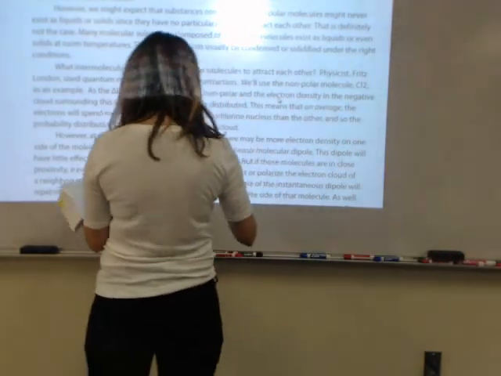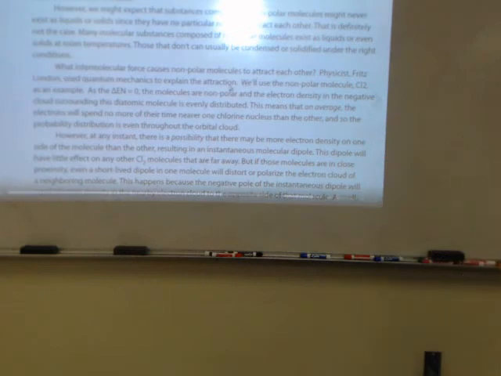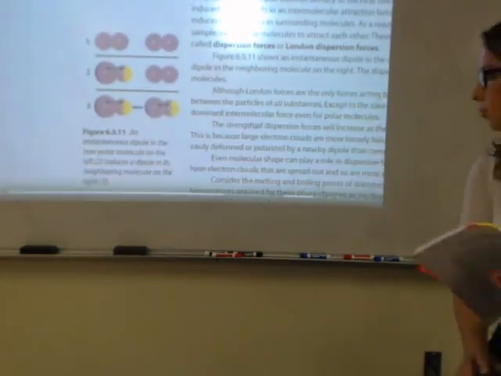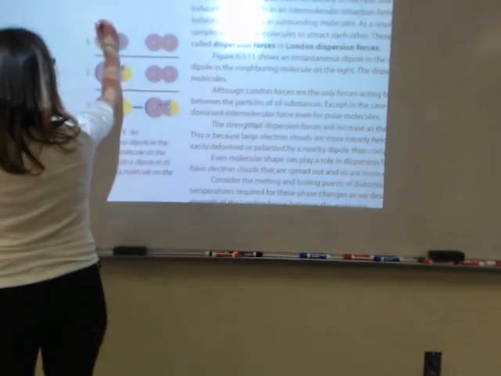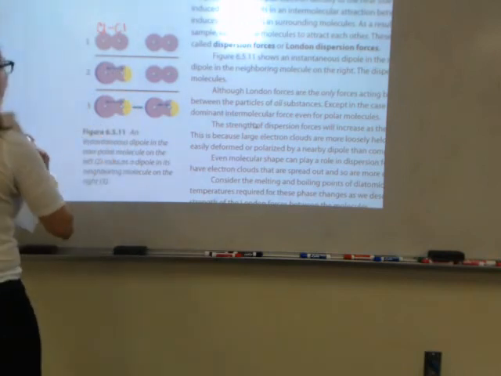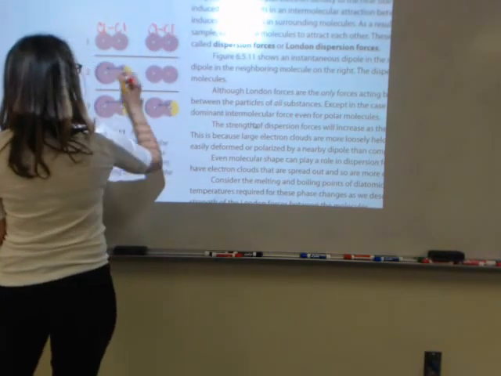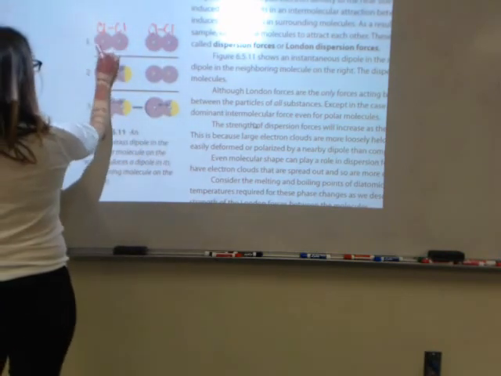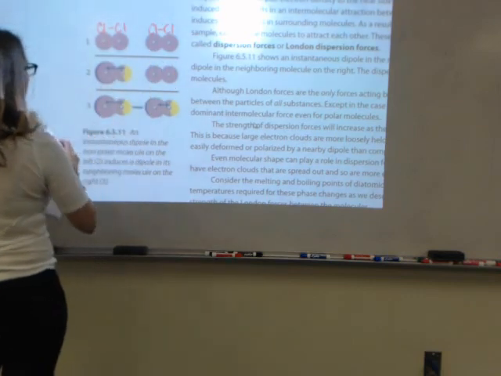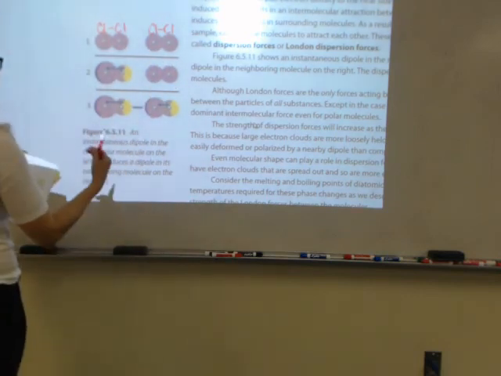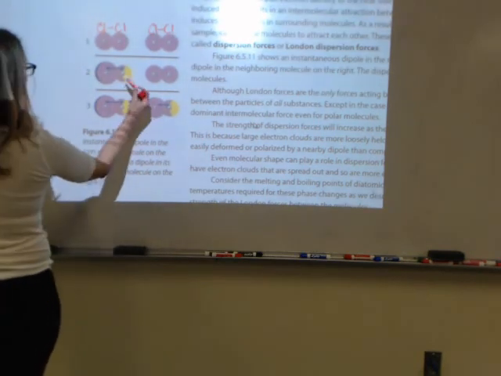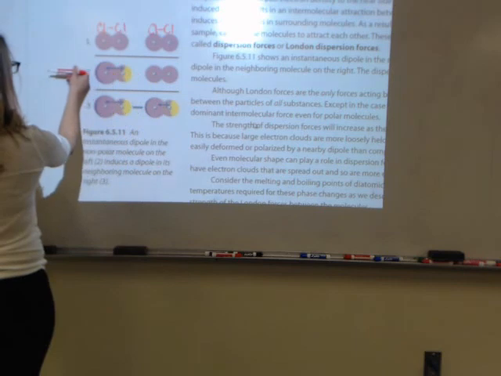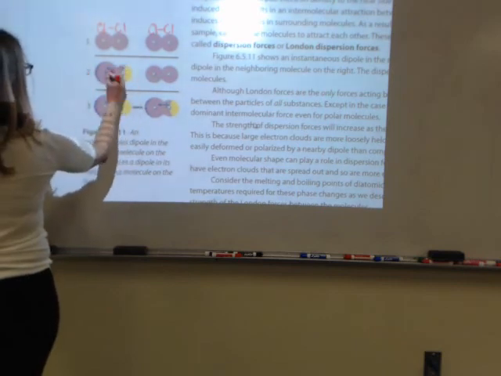It might be better if I show you this image here. If I'm looking at a chlorine molecule, which is a chlorine bonded to another chlorine atom, you may have equal distribution of the electrons within each atom. But what happens if at one moment in time the electrons just move? Let's say they are more this way than over here to the right-hand side.